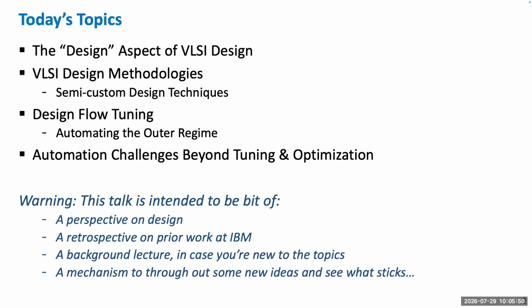I'll also focus on design flow tuning, and hopefully what I mean by automating the outer regime will be clear once we get there. And then I'll talk about some challenges beyond those topics, things that maybe are not so obvious, but kind of keep you up at night when you're actually doing product scale tape out tasks.